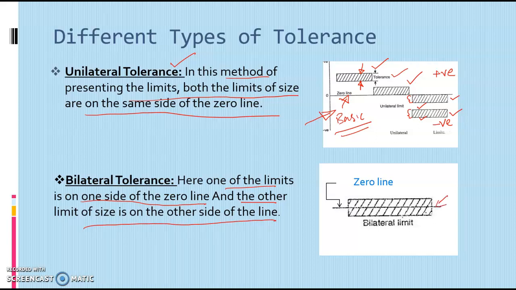This is the zero line representing the basic size, and in this picture the upper limit of size lies on the positive side, while the lower limit of size lies on the negative side of the zero line. So in the same tolerance band, one limit is above the zero line and one is below the zero line. That kind of tolerance is known as bilateral tolerance.